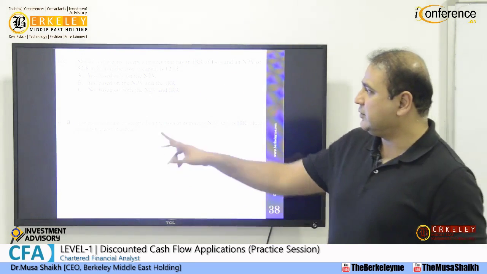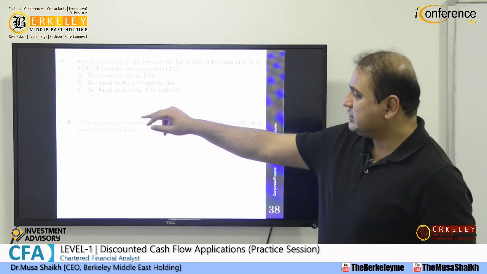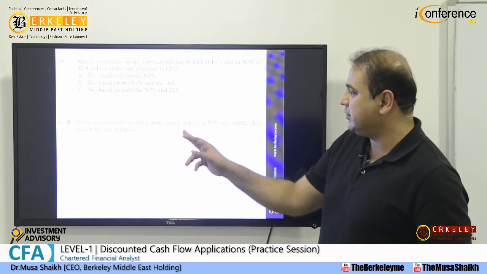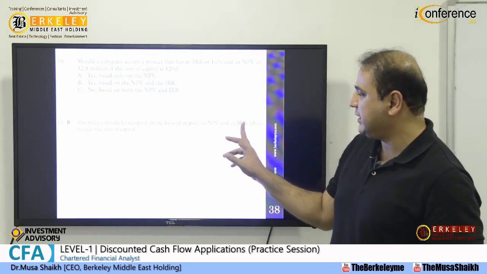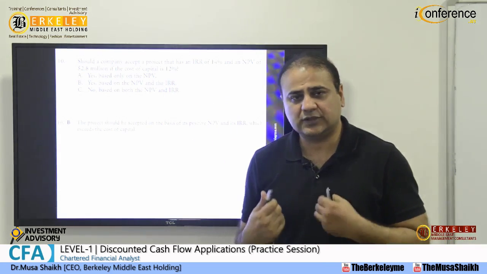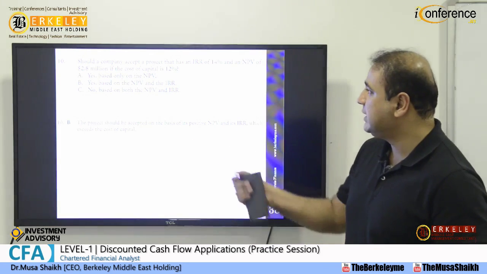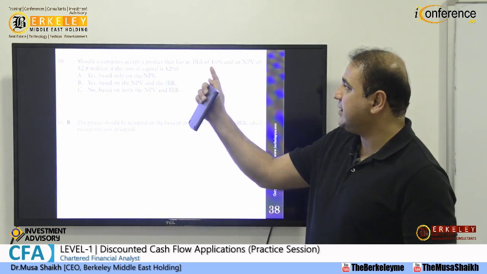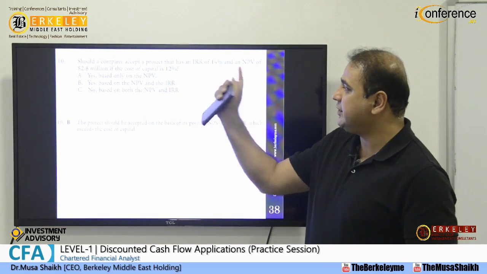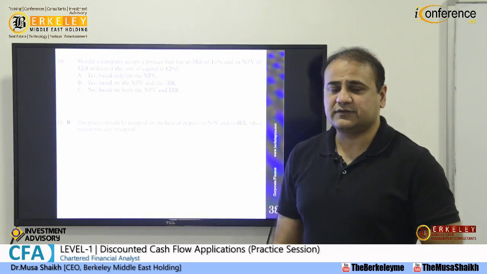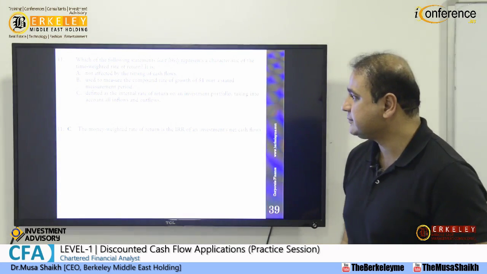B is the right option because the project should be accepted on the basis of positive NPV and its IRR should exceed the cost of capital. In this particular case, IRR is 14%, NPV is positive, and the cost of capital is 12%.